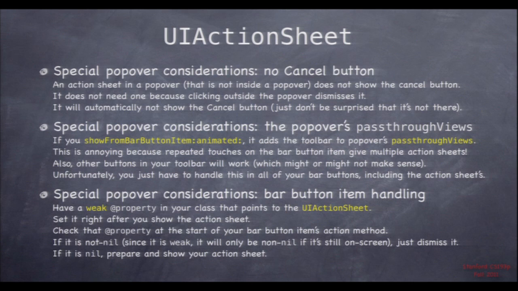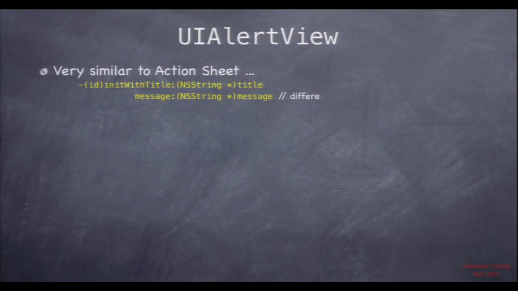Normally you touch outside the popover and it goes away, but it adds the toolbar as one where that doesn't happen. So that means if you have other buttons in there like our app does, with all those things to bring up a modal thing to get labels or whatever, you have to be careful to make sure those buttons will make sense if that action sheet is still up. And even more importantly, you've got to make sure that if that bar button gets pressed again, you don't get a second action sheet, okay? So we'll show that in the demo, how we avoid that.